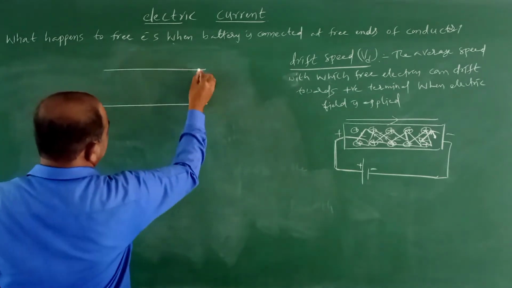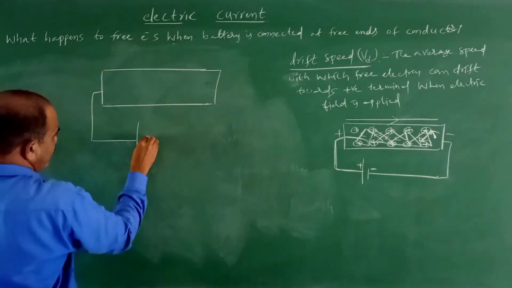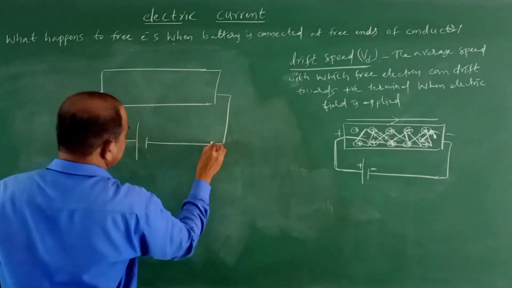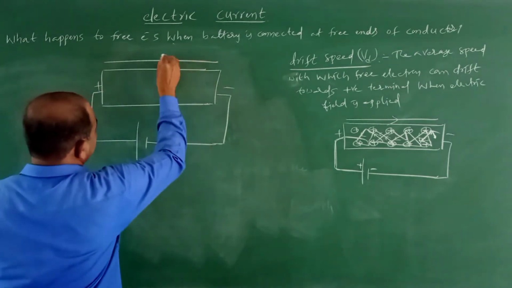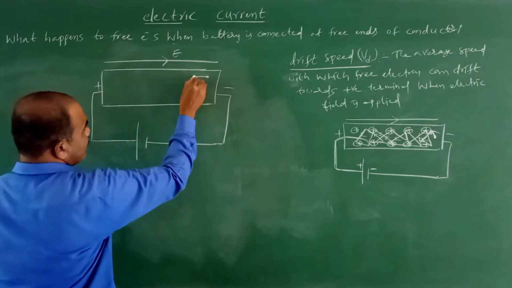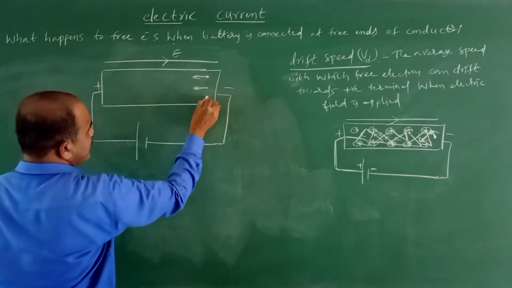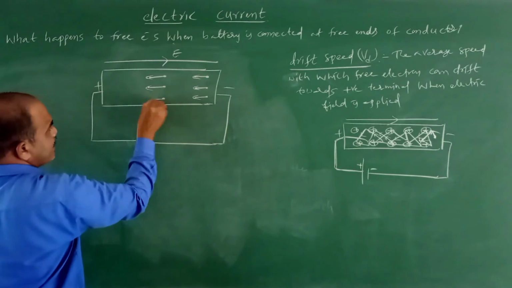Imagine this is a conductor. When it is connected to a battery, this end becomes positive and this end becomes negative. Due to that, an electric field is set up. Electrons can move in which direction? Opposite direction of the electric field.